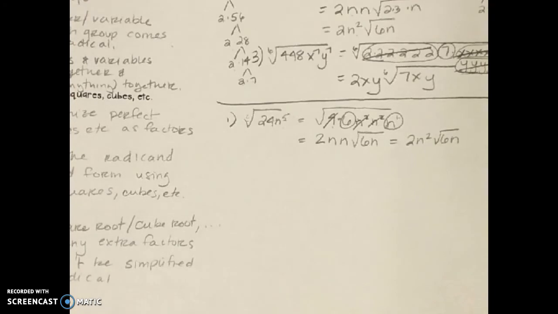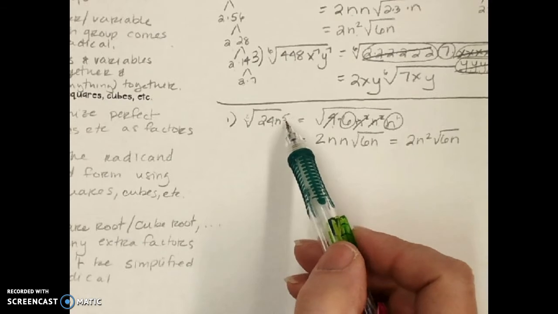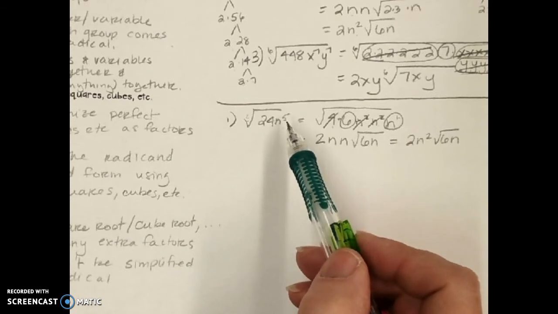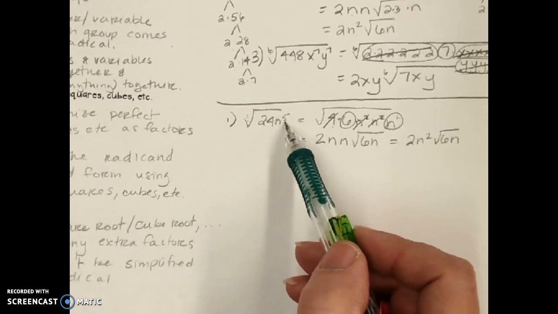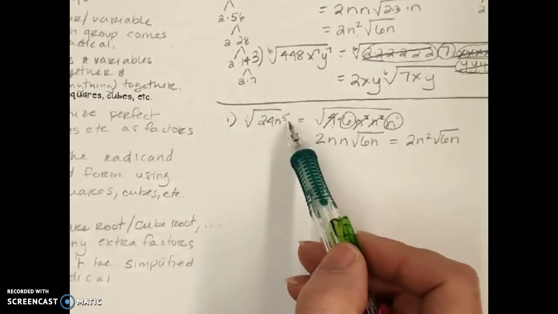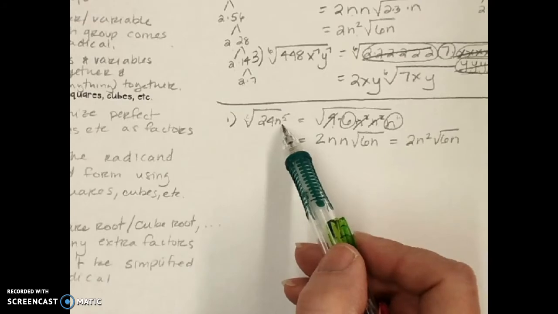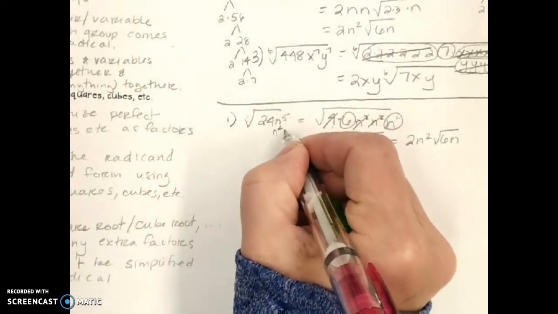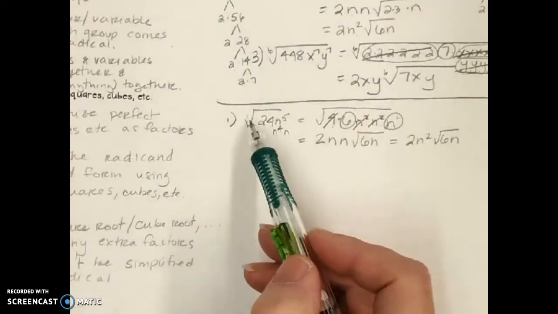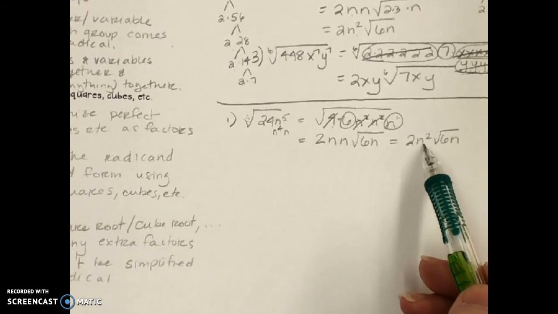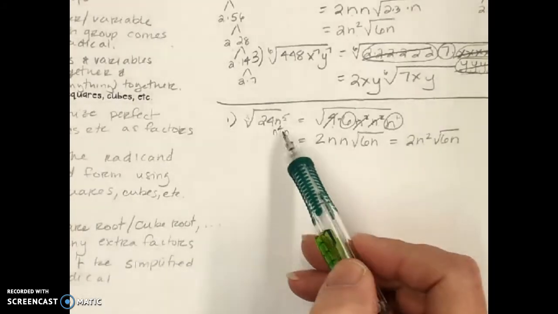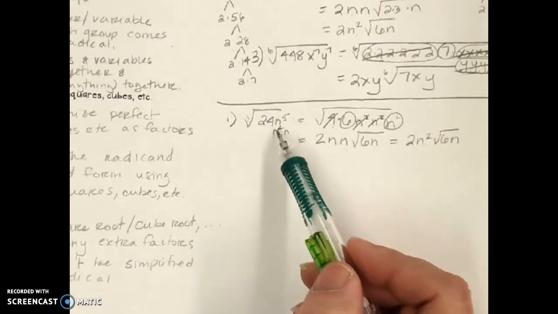Another way you can look at that, if you really get this and it makes sense to you, is you find the biggest number that 2 will go into in 5, like 2 goes into 4, and the square root of n to the 4th, I can change that. The square root of n to the 4th is n squared, because you're taking half. If it's a square root, you're taking half.